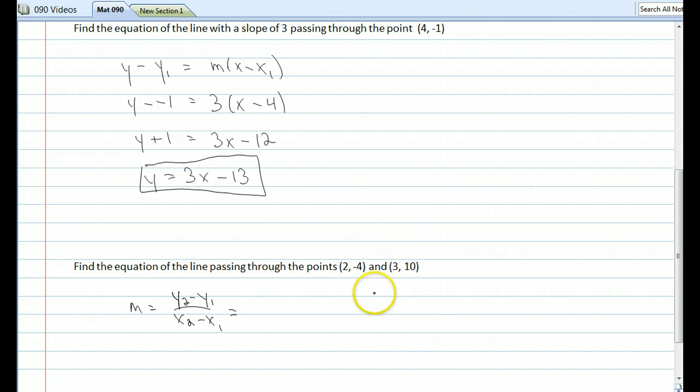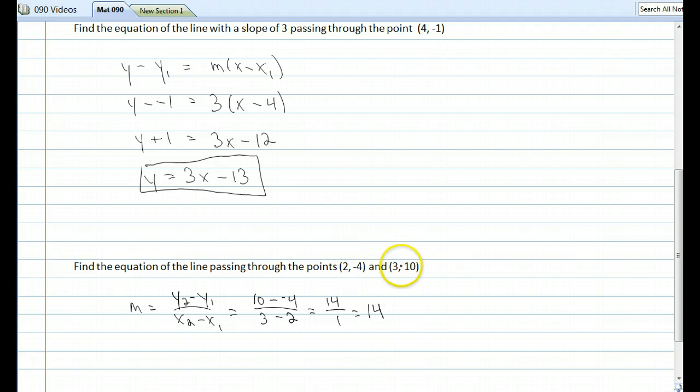So that's going to make my numbers y2 minus y1, 10 minus a negative 4. Then x2 minus x1 is going to be 3 minus 2. A little bit of simplification gives us that this is 14 over 1, which of course we can just write as 14. So now we have a slope and it's 14.